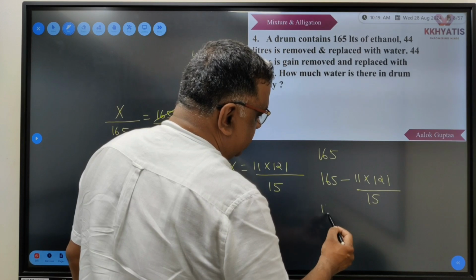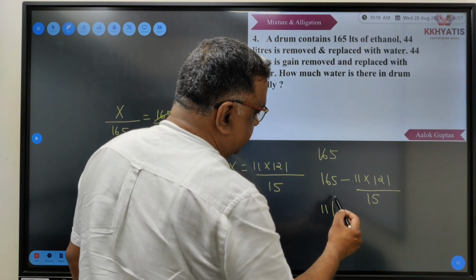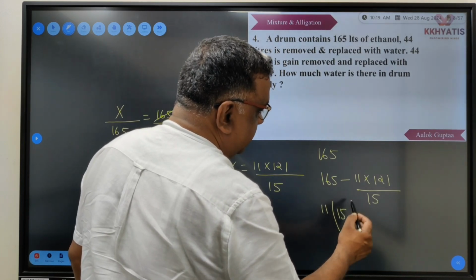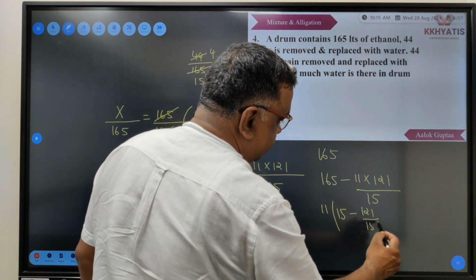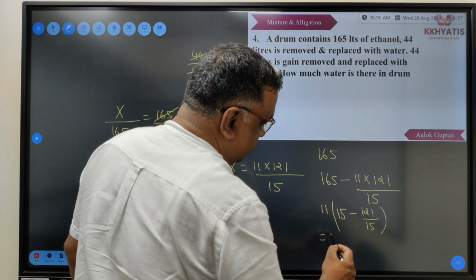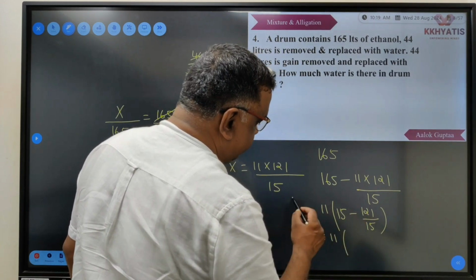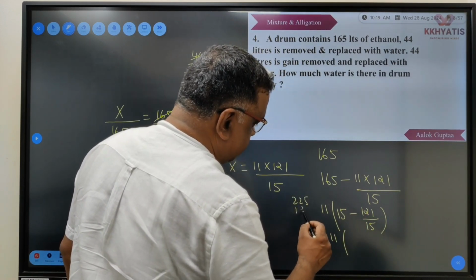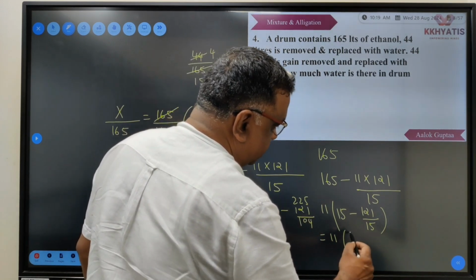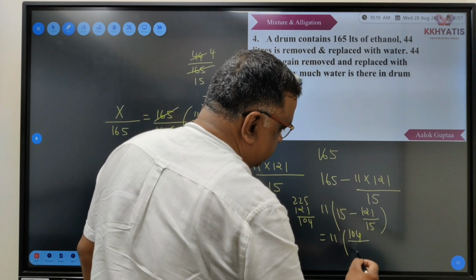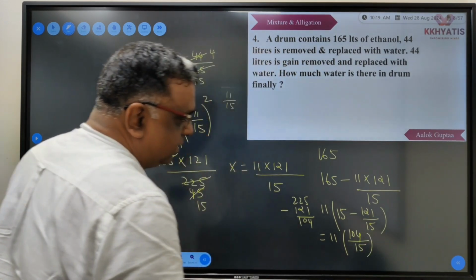So if I take 11 common here, this will be 15 here, and here it will be 121 upon 15. Correct? So I can calculate this: 225 minus 121, that is 104. So 11 into 104 upon 15.